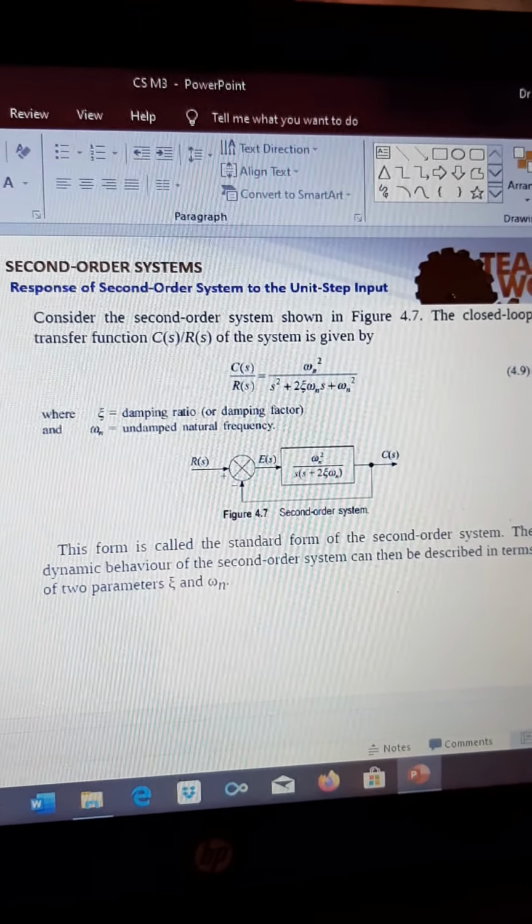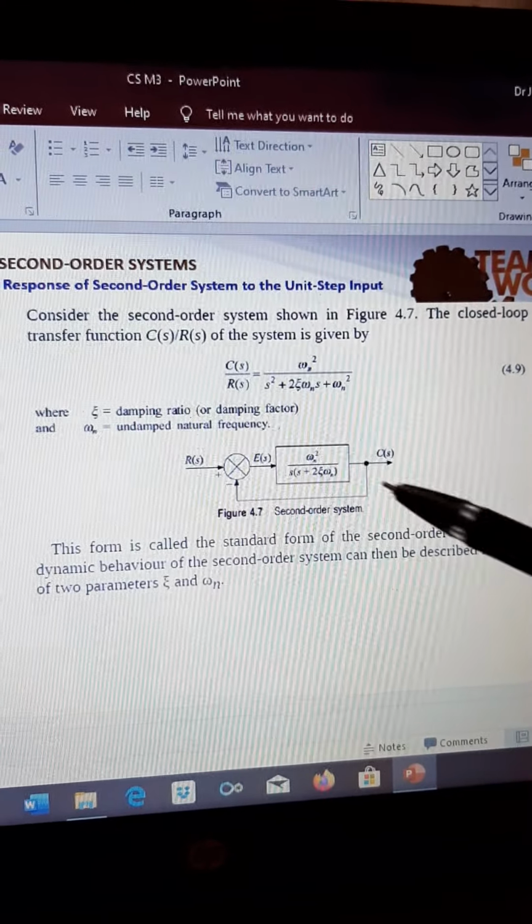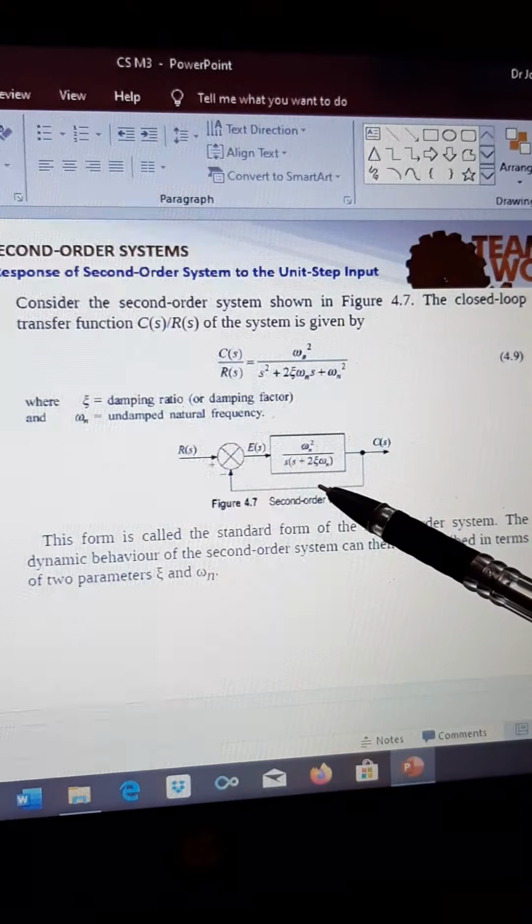Now, second order system. All of you go through this. This is the second order system.